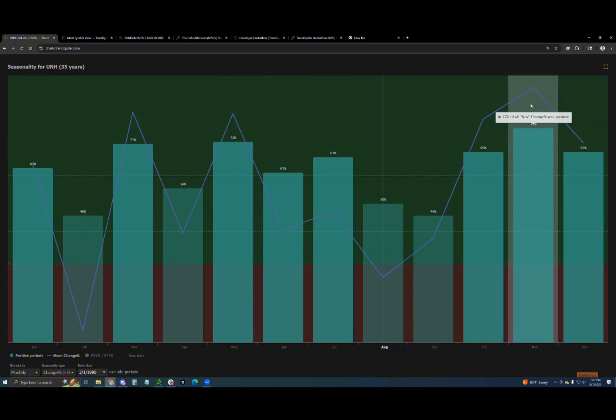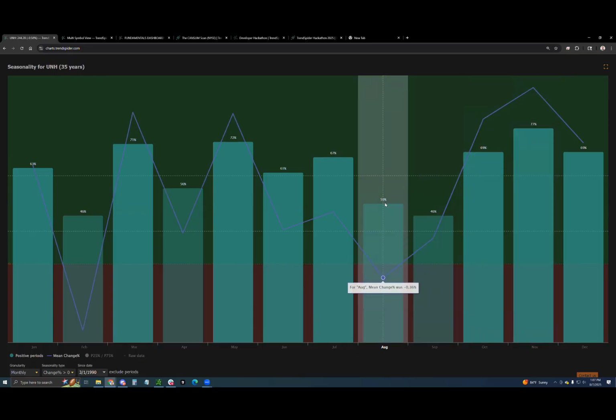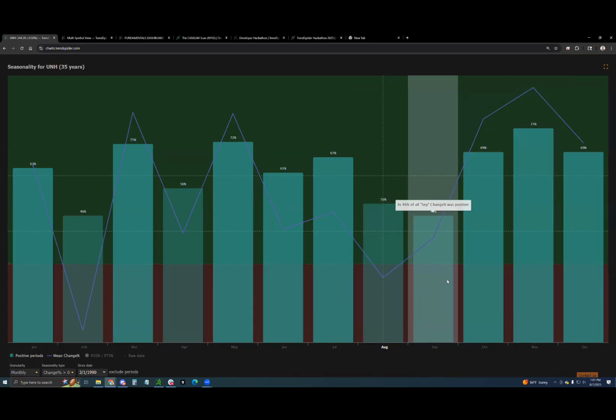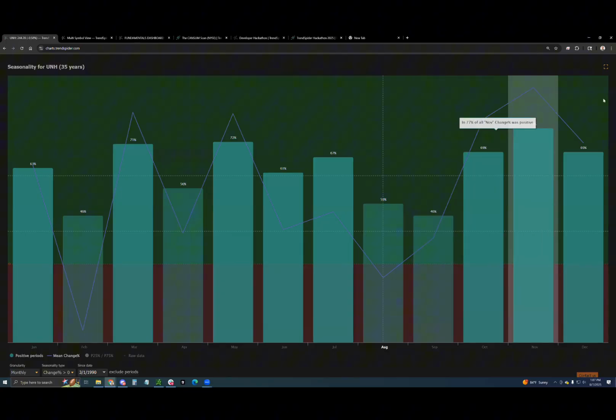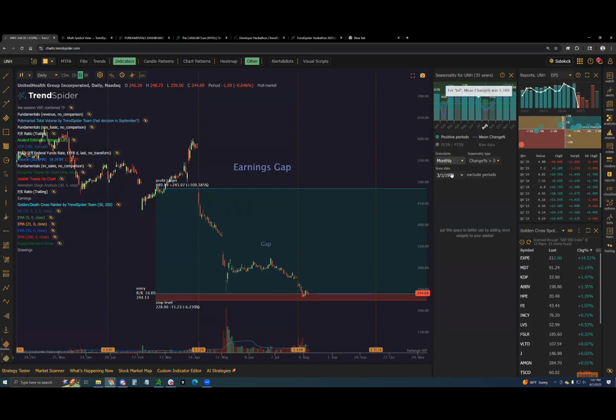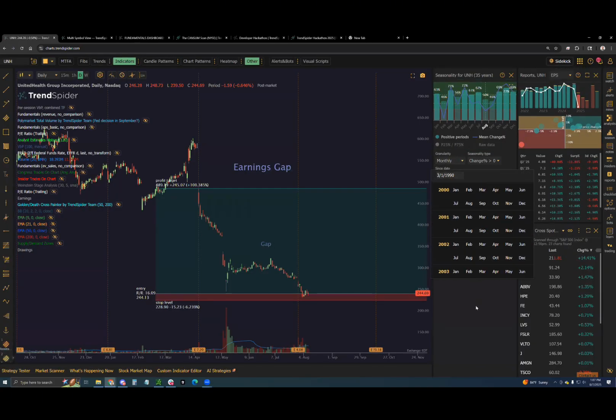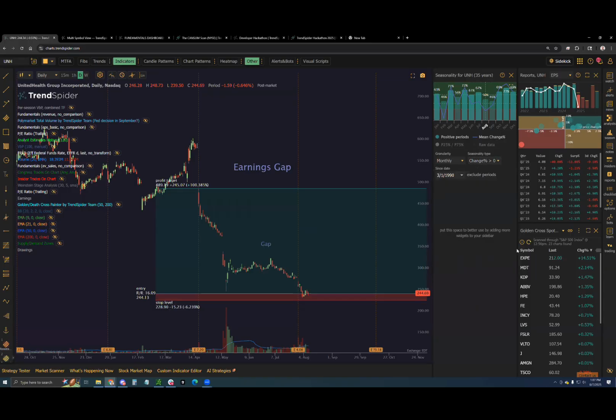It's not something that TradingView has, to my knowledge. It's the seasonality data, which is very cool. And you can see the bad months, like UNH tends to not do well in September, and that is usable. You can choose the start and end dates, and all that stuff. So that's another feature we got.